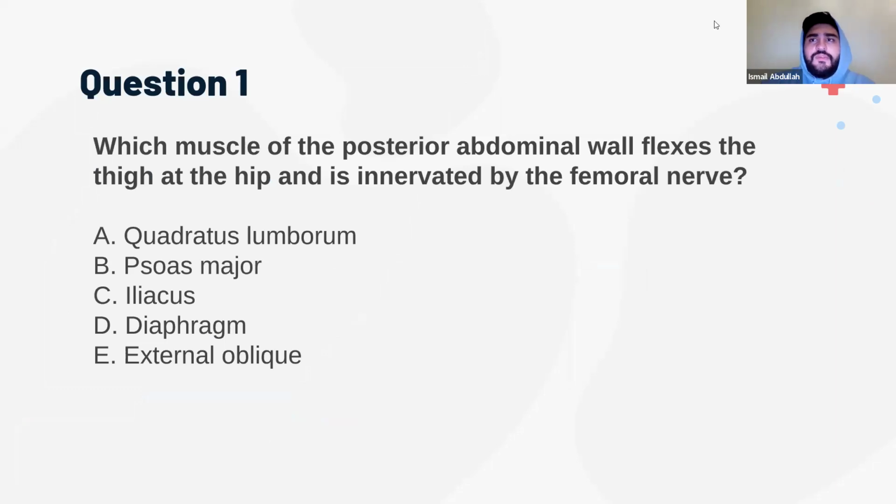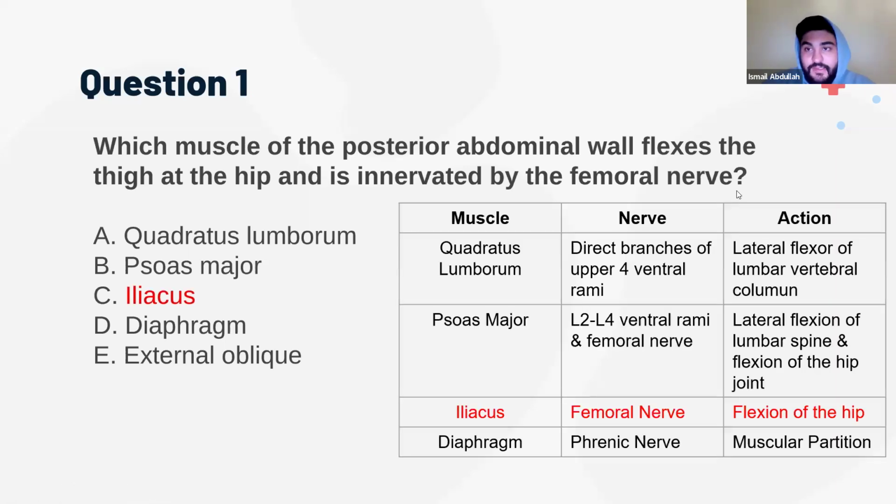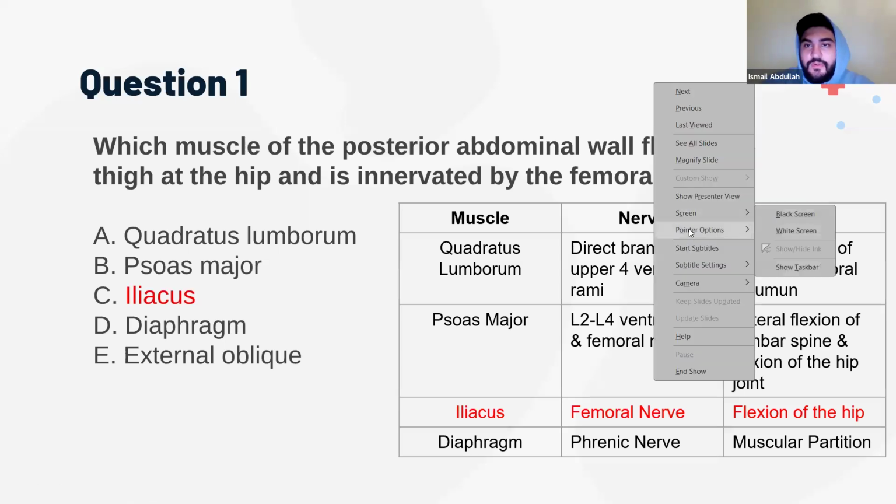The first question is, which muscle of the posterior abdominal wall is going to flex the thigh at the hip and is innervated by the femoral nerve? So this is a very straightforward recall kind of question. The answer is going to be iliacus. Now, as you can see here, let me just try to change the pointer.